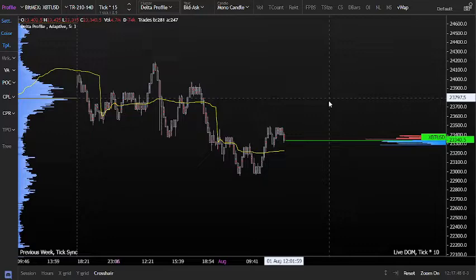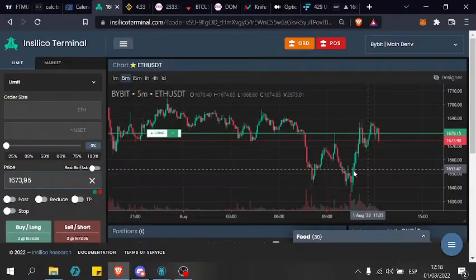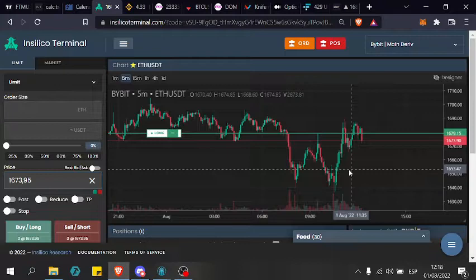In that regard, I have already opened this trade on Ethereum that gets invalidated more or less here. I'm taking my chances as I pointed out before.